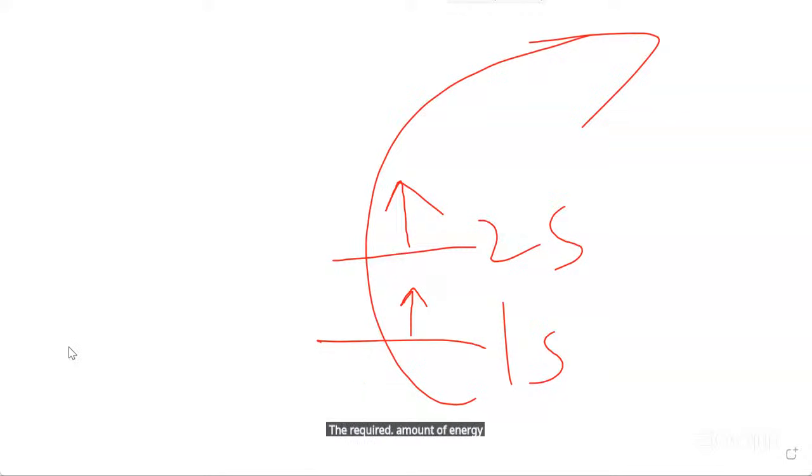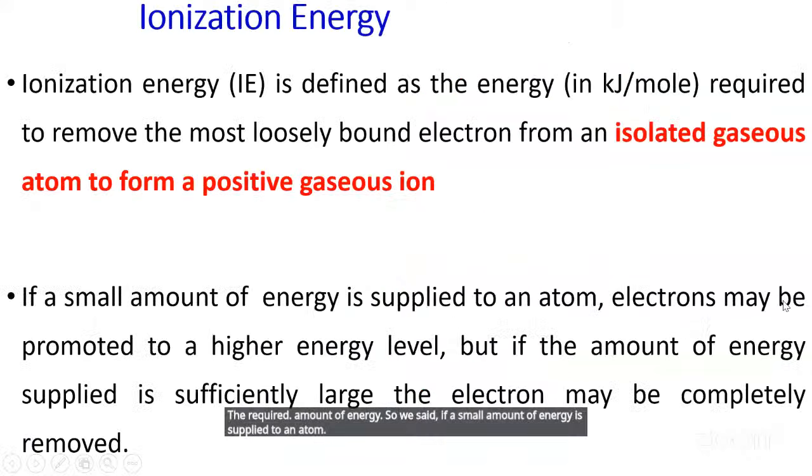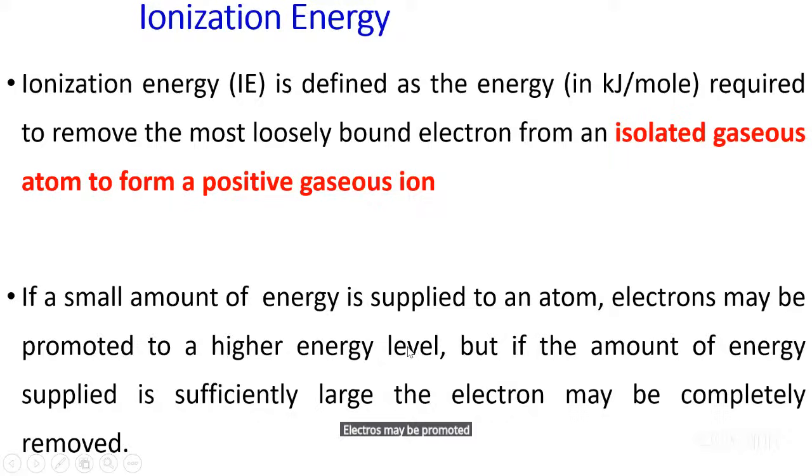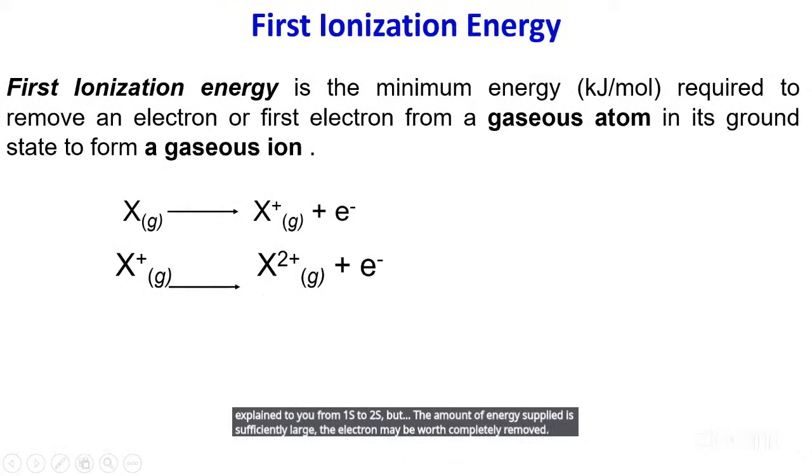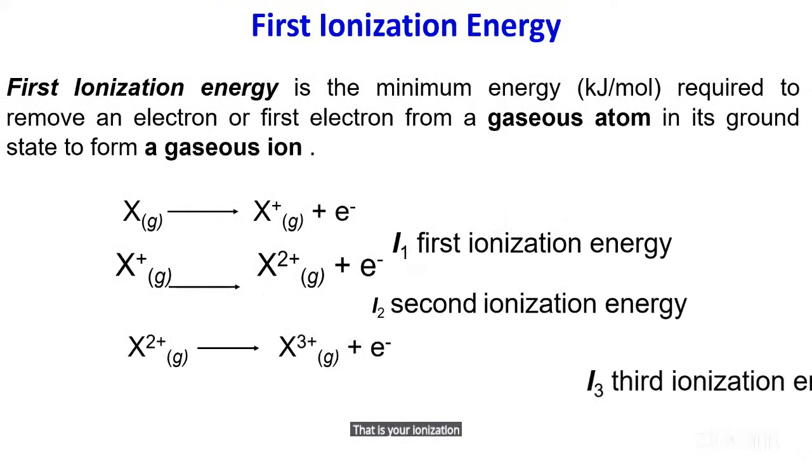So we said if a small amount of energy is supplied to an atom, electrons may be promoted to a higher energy level. That is what I just explained to you, from 1s to 2s. But if the amount of energy supplied is sufficiently large, the electron may be completely removed. That is your ionization energy.